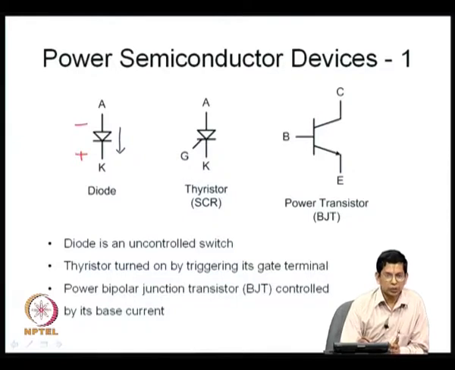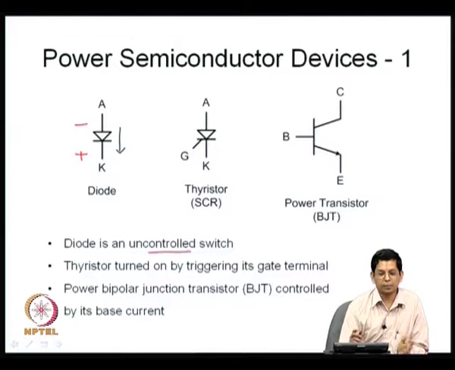So, the diode is a switch, it conducts or it does not conduct, but what makes it conduct or not conduct is basically the voltage that is applied by the external circuit on the diode. So, it is called an uncontrolled switch, it does not have any control terminal of its own. Between this anode and cathode, it can be regarded as a switch in as much as it conducts or it blocks potential, but it is an uncontrolled switch as I have indicated here.